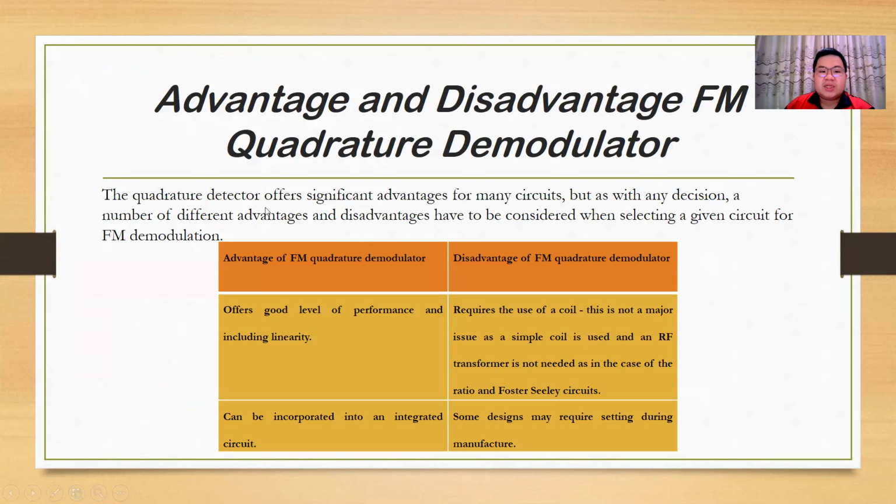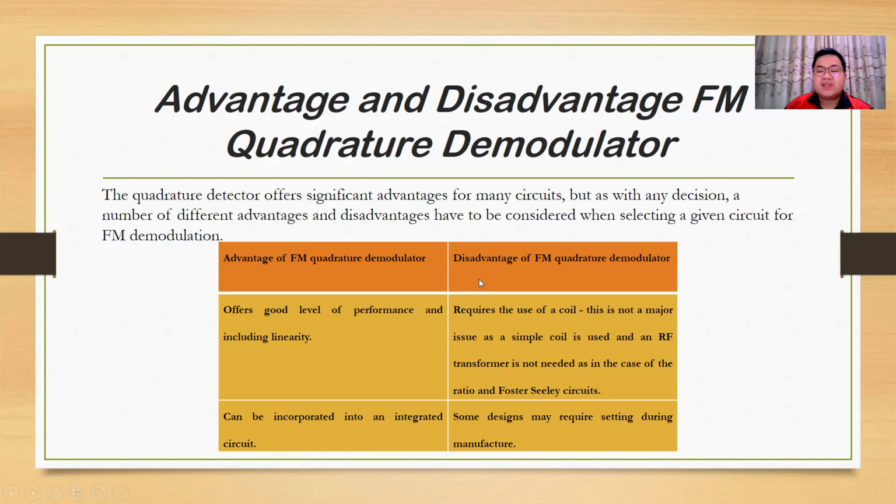Okay. Advantages and disadvantages of the FM quadrature demodulator. The quadrature detector offers significant advantages for many circuits, but as with any decision, a number of different advantages and disadvantages have to be considered when selecting a given circuit for FM demodulation. Okay, advantages: it offers a good level of performance, including linearity, and can be incorporated into an integrated circuit.